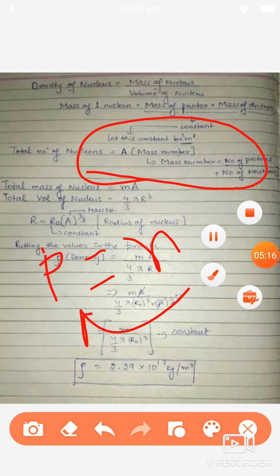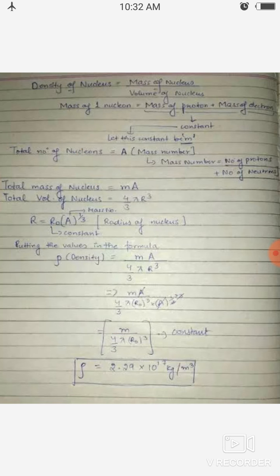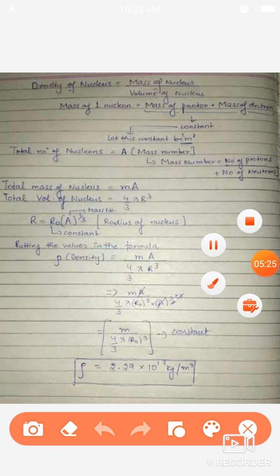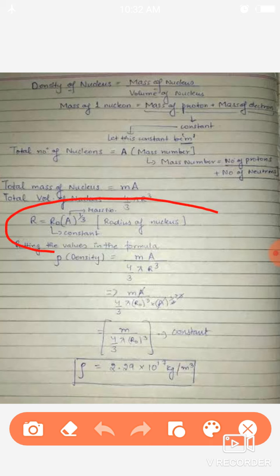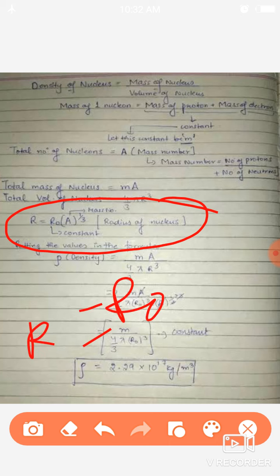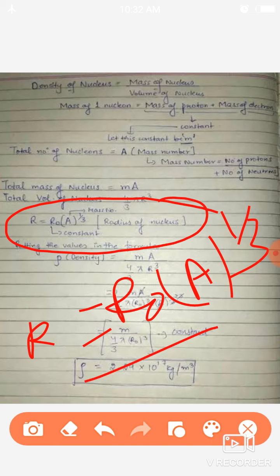So here, to find out the size of every nucleon, we would like to use this formula, which is given by Rutherford. Then what is R? R equals R0 A raised to the power 1 upon 3.